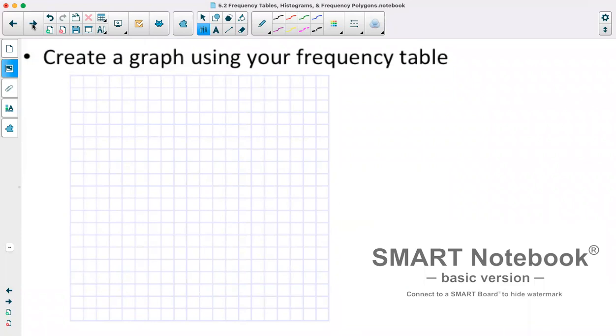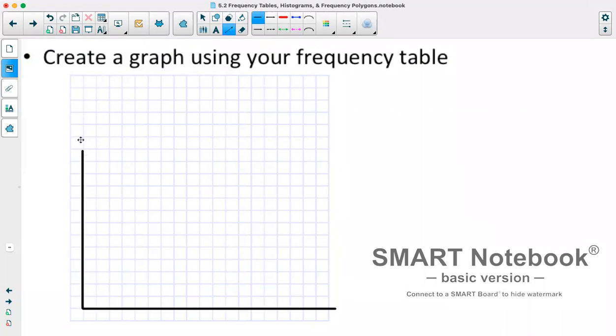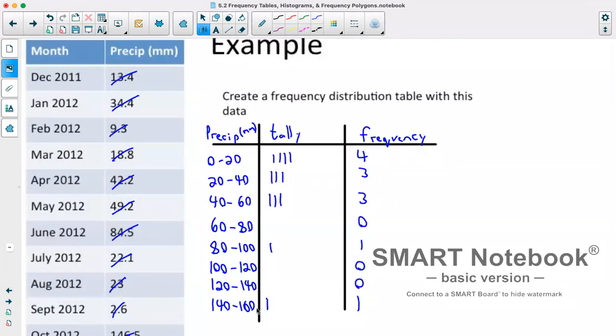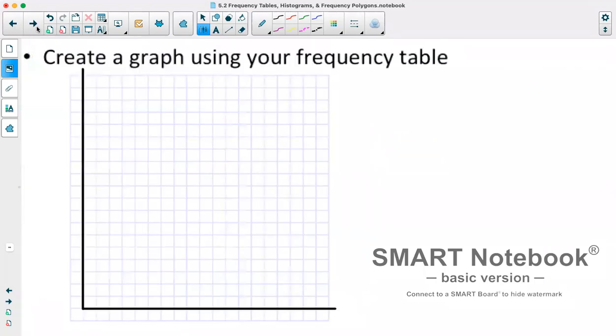So we want to create a graph using our frequency table. First I'll draw in some axes, and then we need to label this and figure out what values should go across it. Our precipitation went up to 160, so I'll quickly count how many lines we have here.